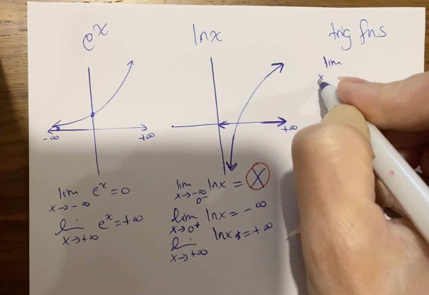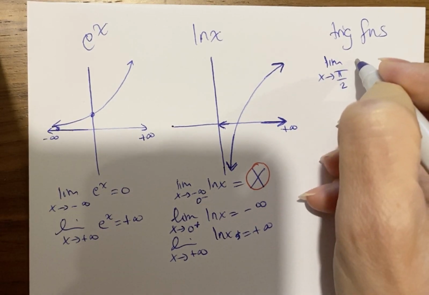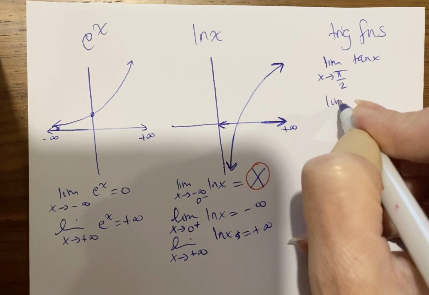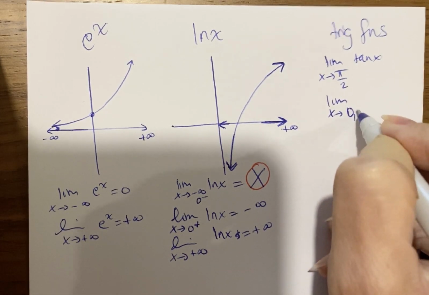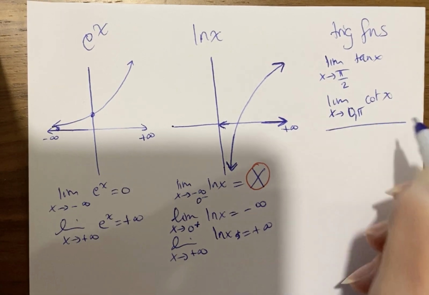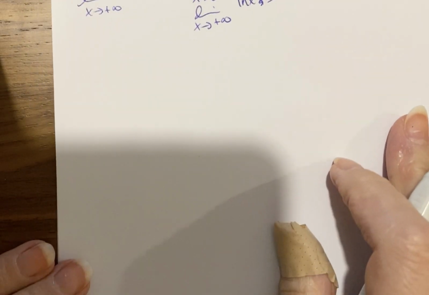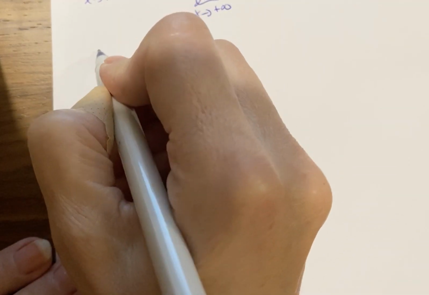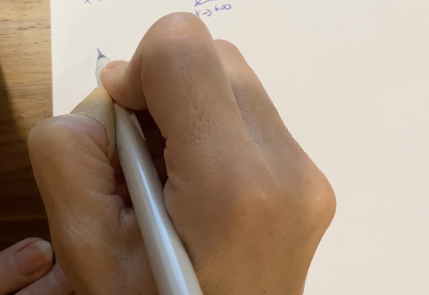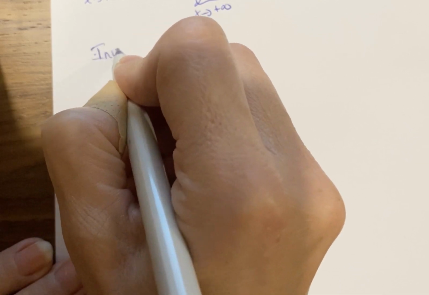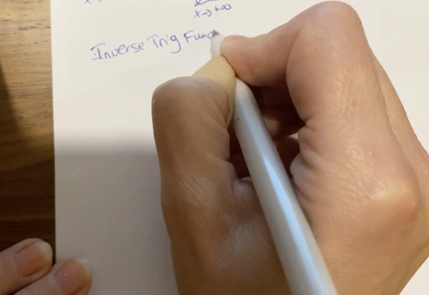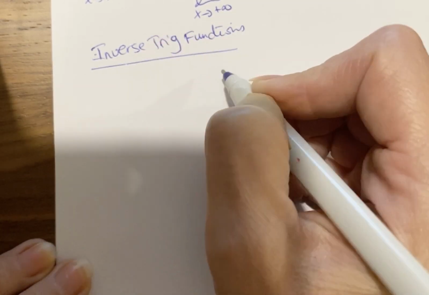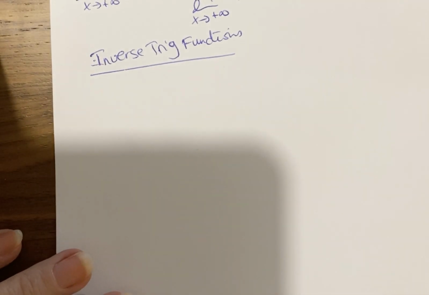The limit of tan at pi over 2, you have to remember it. I've done it in this session, so I'm not going over it. And the limit of cotan at zeros and pi's, again, I did it in this session. The only one more thing you need to remember: limits of inverse trig functions, like sine inverse, cosine inverse, and so on.